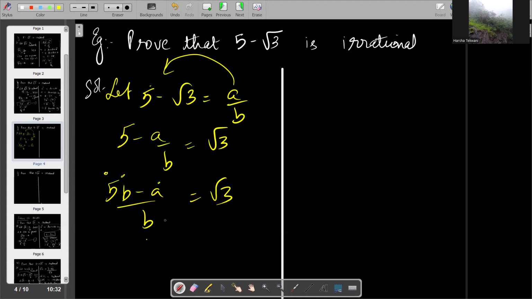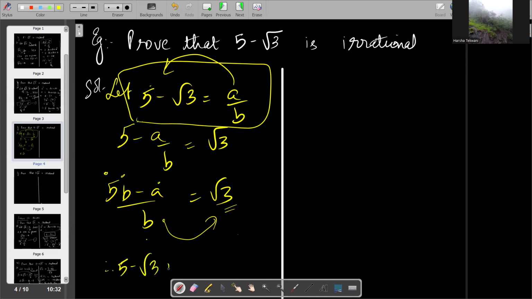In the mathematical equation, LHS is equal to RHS, so root 3 also was supposed to be rational. But here we proved root 3 is irrational. So our assumption in the first place went wrong. Therefore, 5 minus root 3 is irrational.